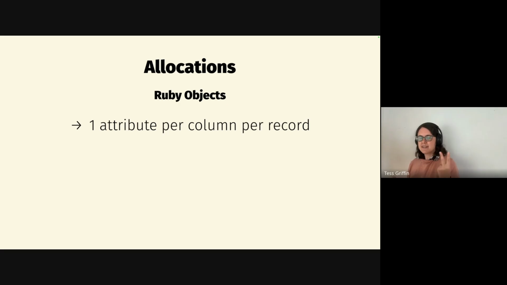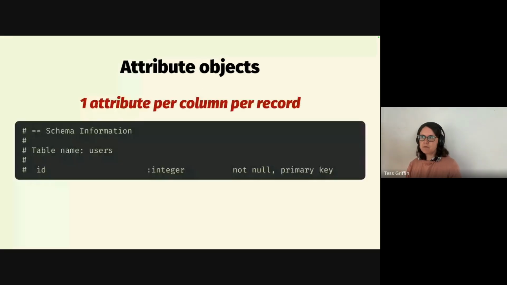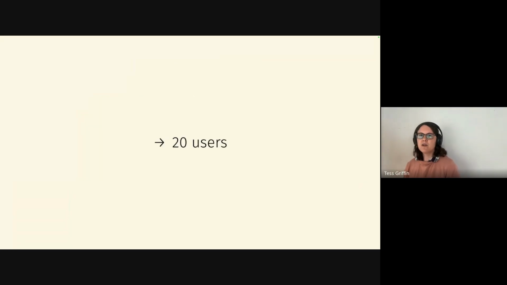So what's the scale that we're talking about? Let's look at our users table. Realistically, a real world user table is going to have a lot more columns. Let's just say this user has 40 columns. So we'll do some math. Let's say we have an admin page and it's displaying 20 users.